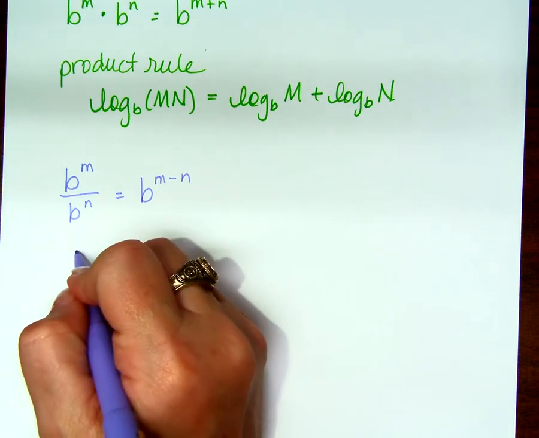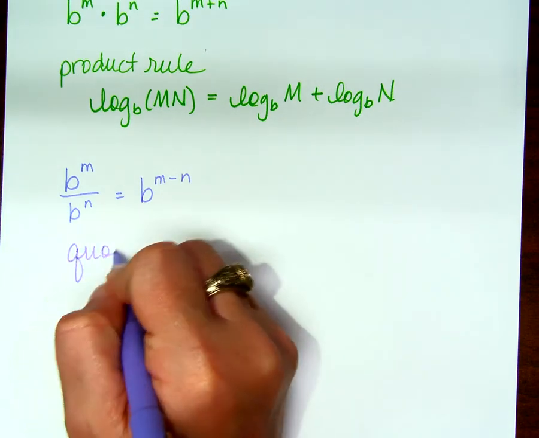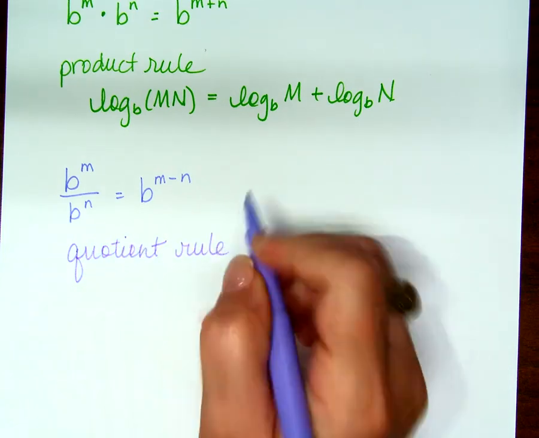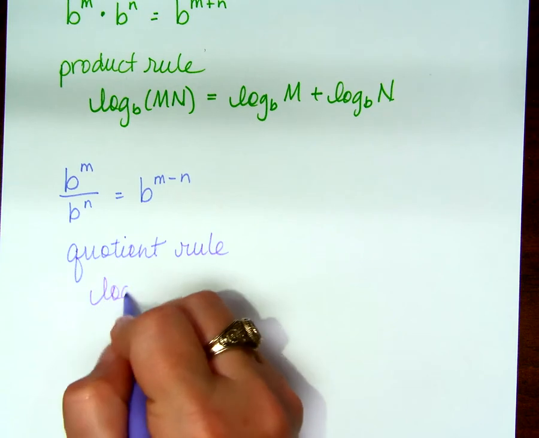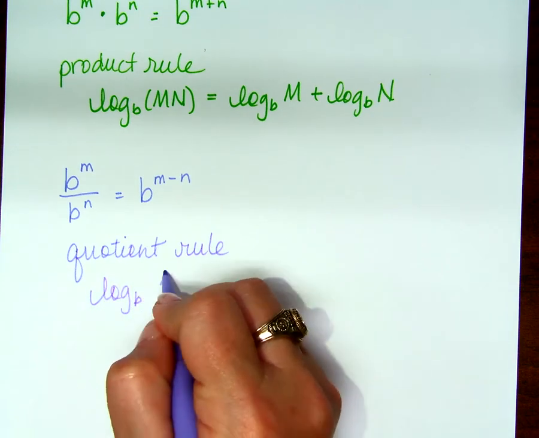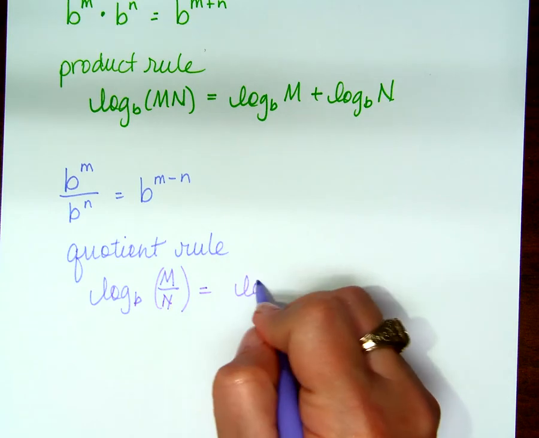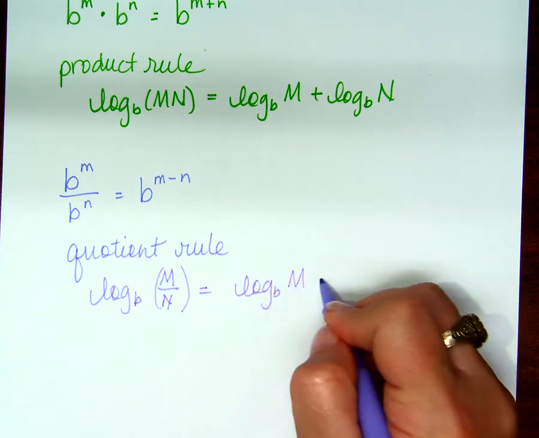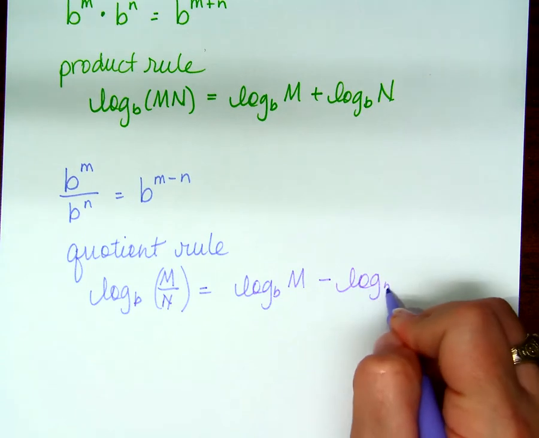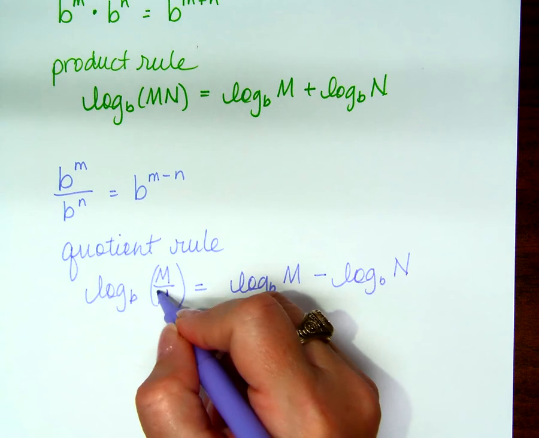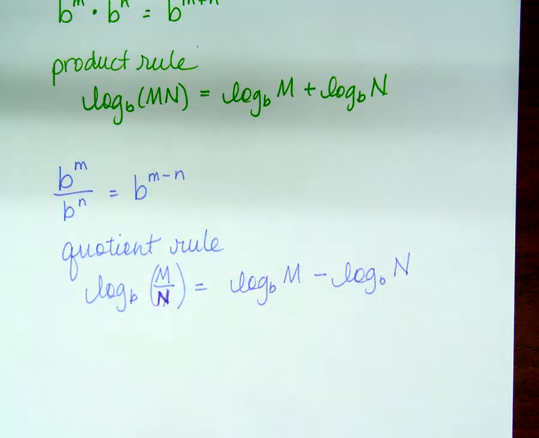On the logarithm side, we have the quotient rule, which says log base b of m over n will equal log base b of m minus log base b of n.